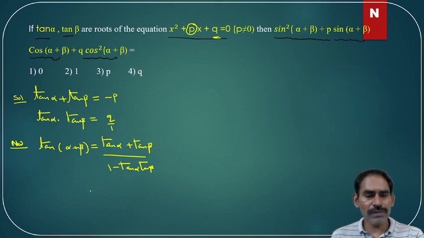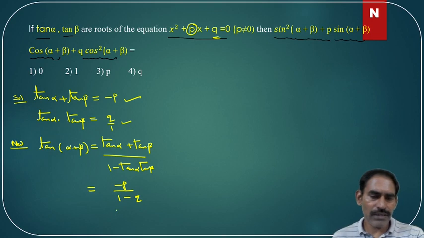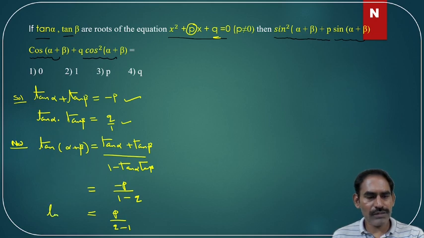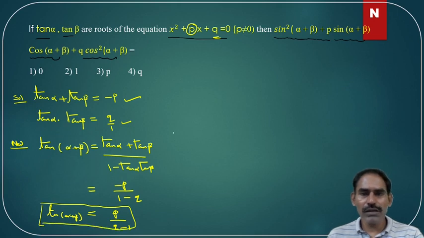Here the value is minus p by 1 minus tan alpha into tan beta, which is q. Taking the minus common in the denominator, that is p by q minus 1. What is this? Tan of (alpha plus beta) value. Now the given expression is the required value.